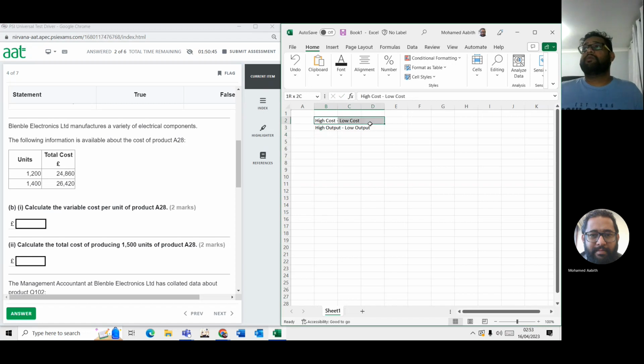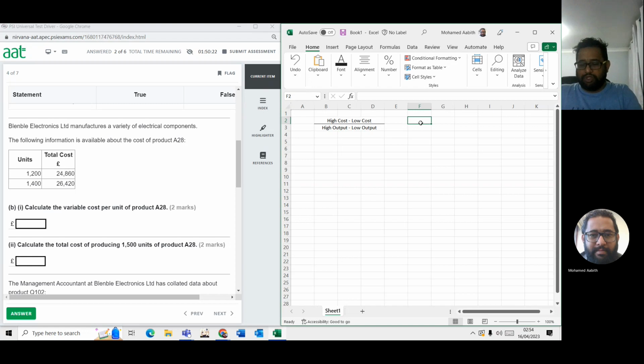I'm going to quickly merge it, because I like to do a bit of spreadsheet work while I'm doing this. So here, this is the formula, and that will give you an opportunity to find that.